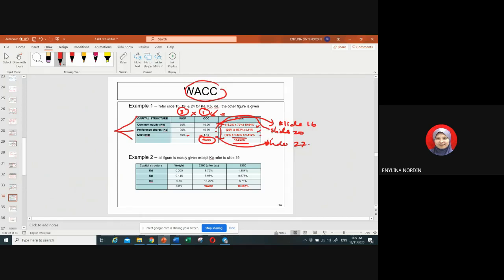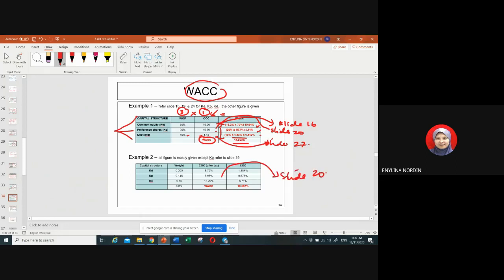For example two, let's say all figures are mostly given, except for KP, that is the cost of capital for preference shares. This one you can refer to slide 20 just now, the previous one.